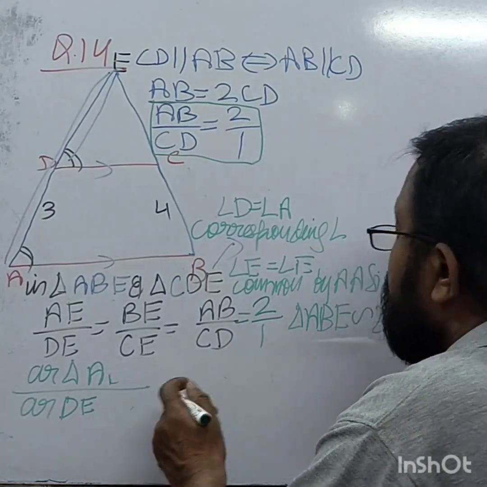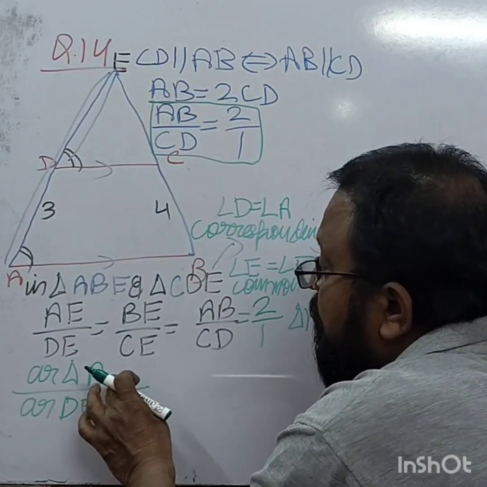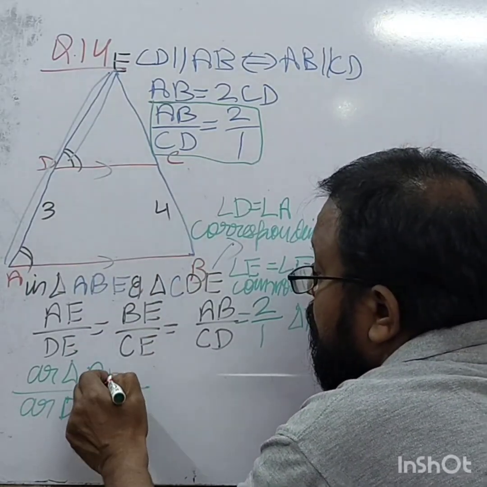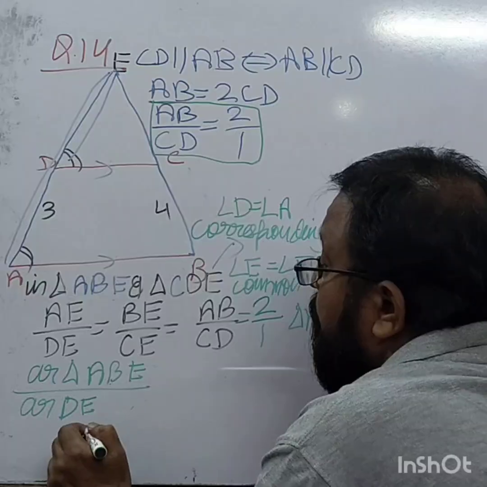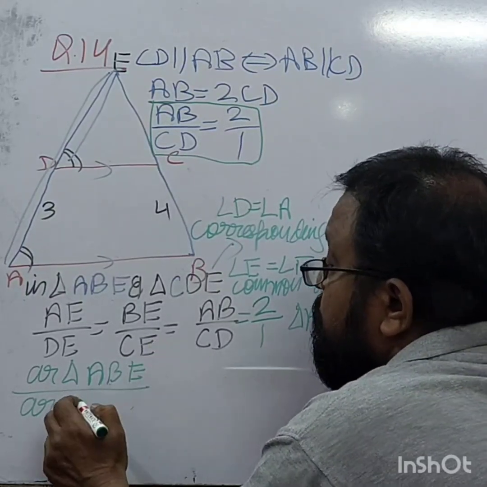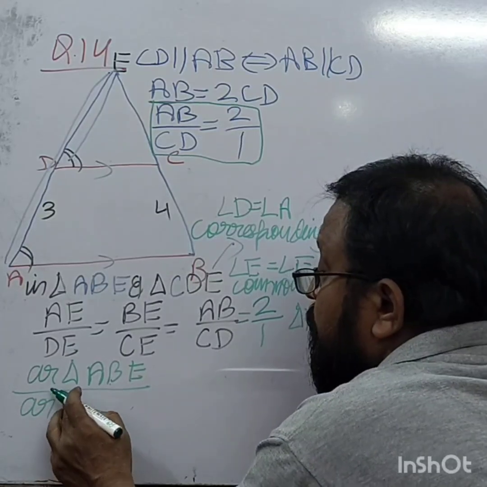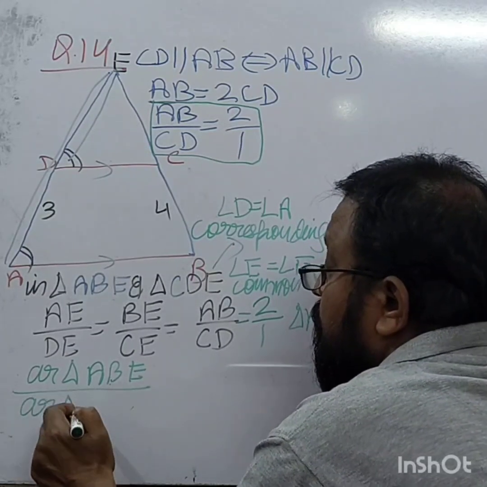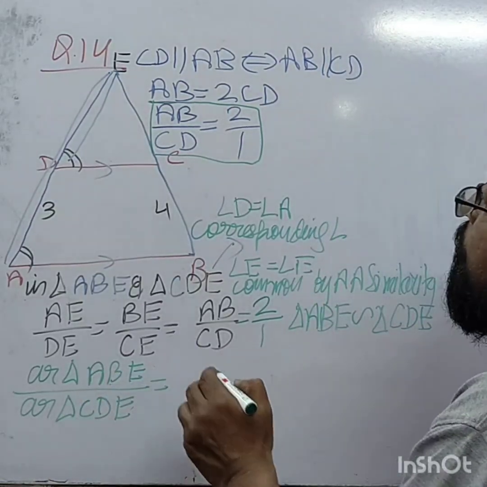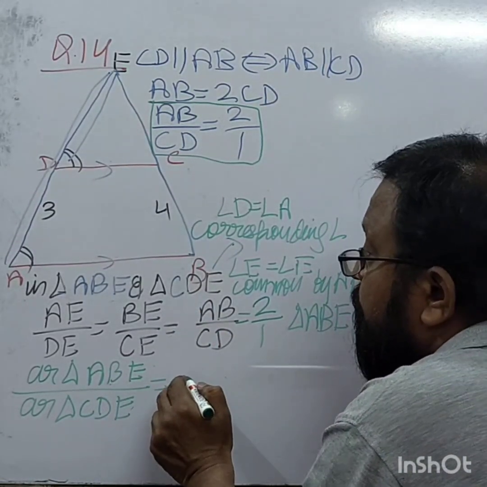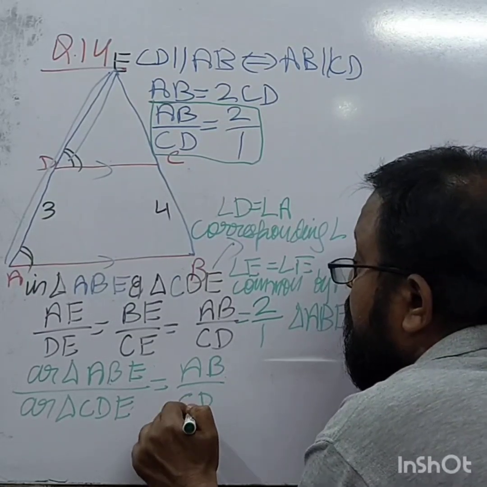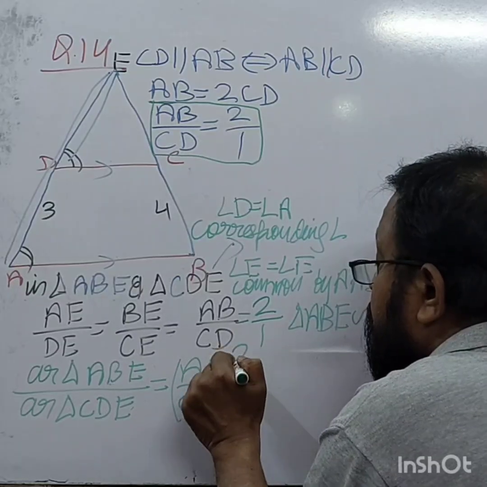So area of triangle ABE upon area of triangle CDE is equal to, we can write, AB upon CD whole square.